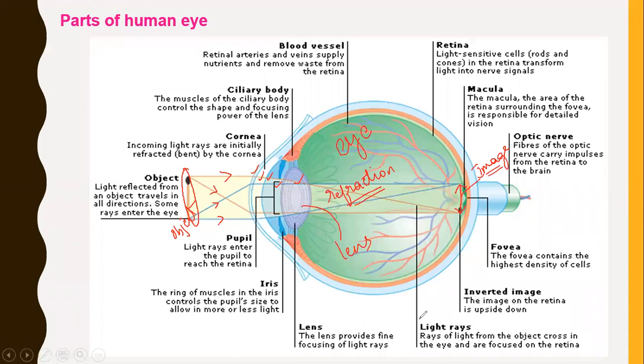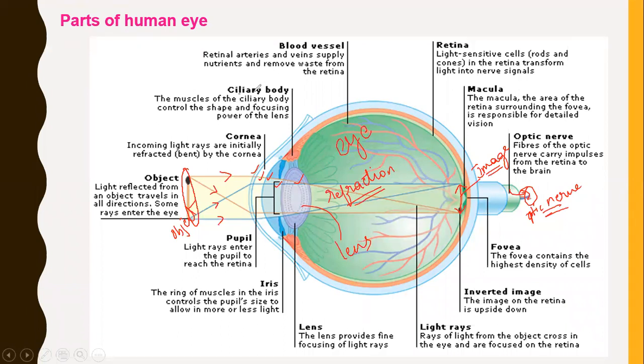This is the image which is observed over there. And this image which is projected on the retina will be carried to the brain by the optic nerve. This is the optic nerve. Right?